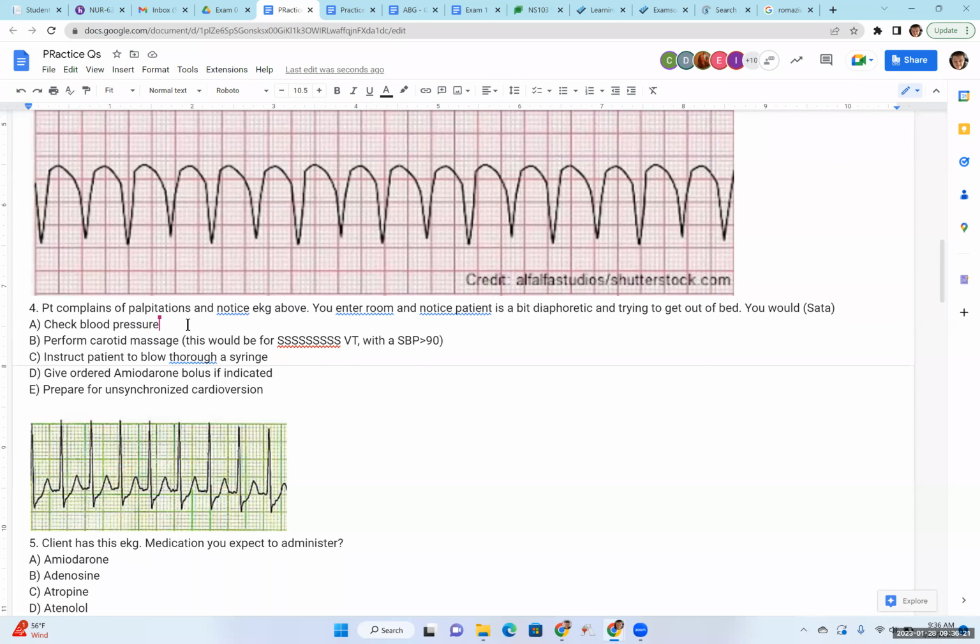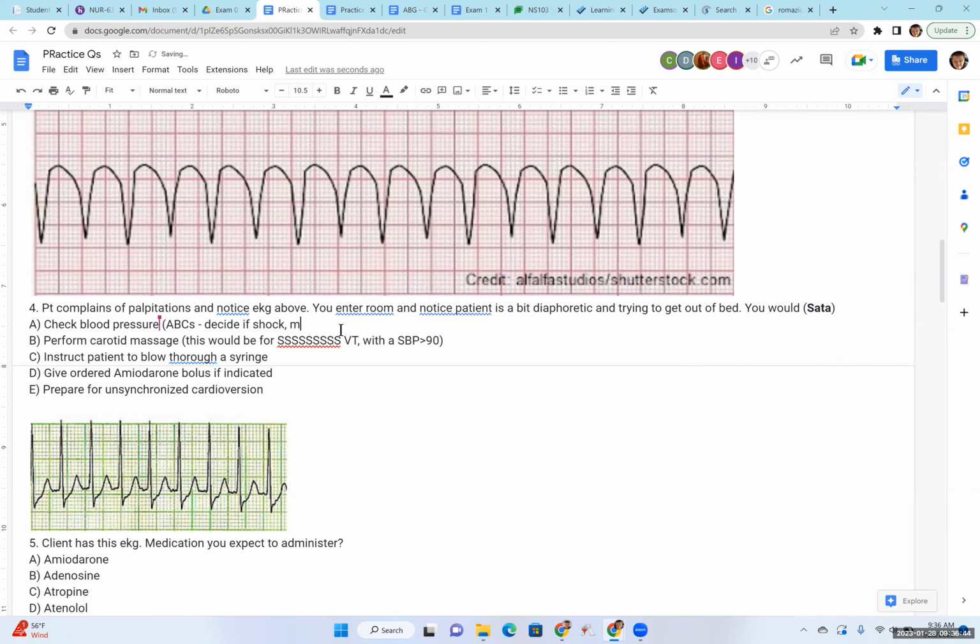All right, is that good? They enter a room, notice patient, a bit diaphoretic, and there's a static question, right? That sounds appropriate, right? And why do you want to check a blood pressure? Because you would need to know whether you can stay and play or load and go. So decide if what?